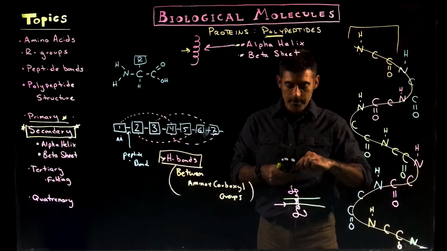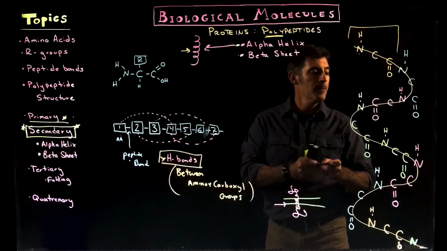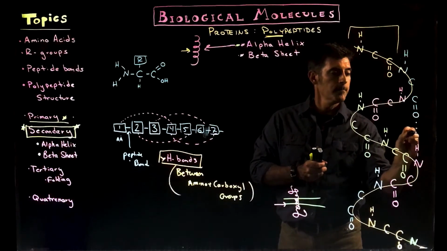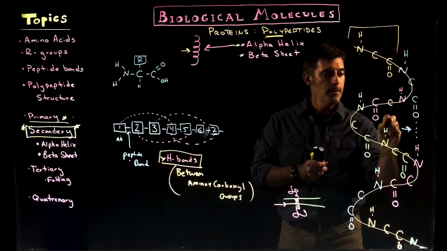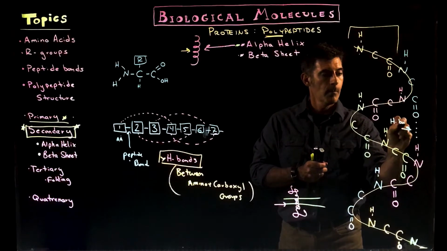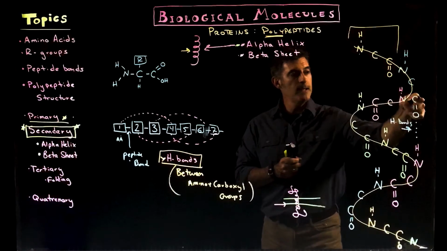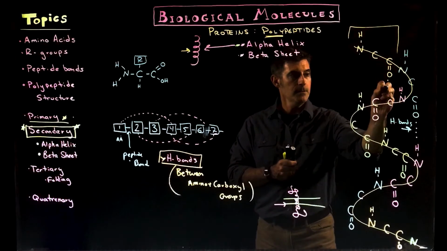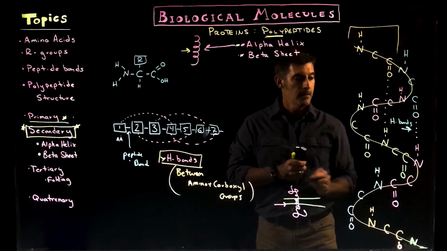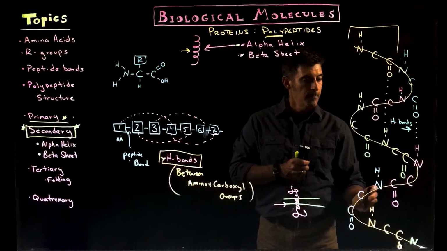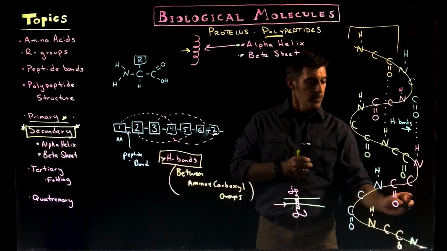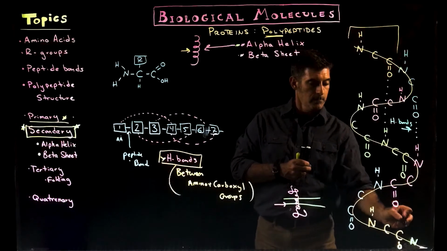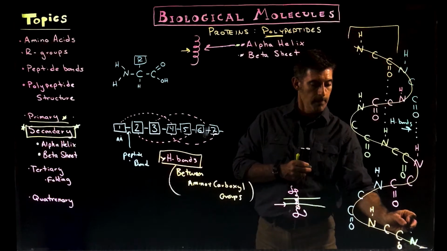And what's going to happen is that we're going to get attractions, or hydrogen bonds, between carboxyl and amino groups. So there's going to be one, let's say, that goes like here, like this. This one should have one over here.